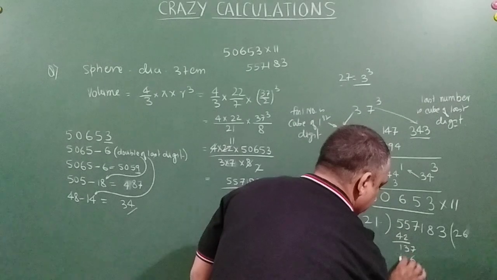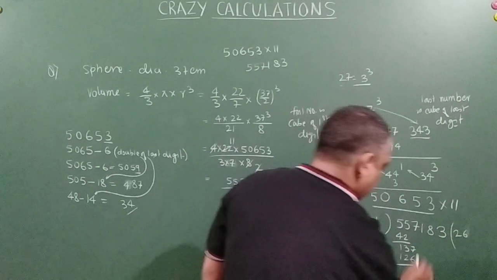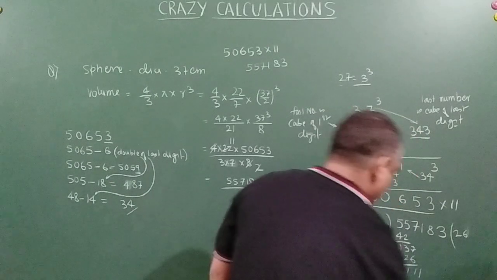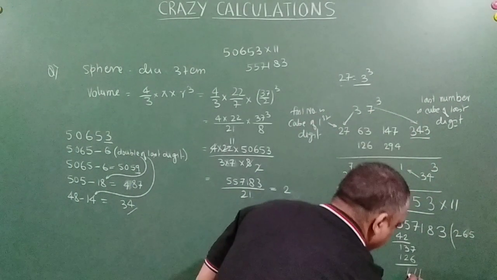So 6, 126. So 1, 1. Then 1 is coming down. Then definitely 5. 105.